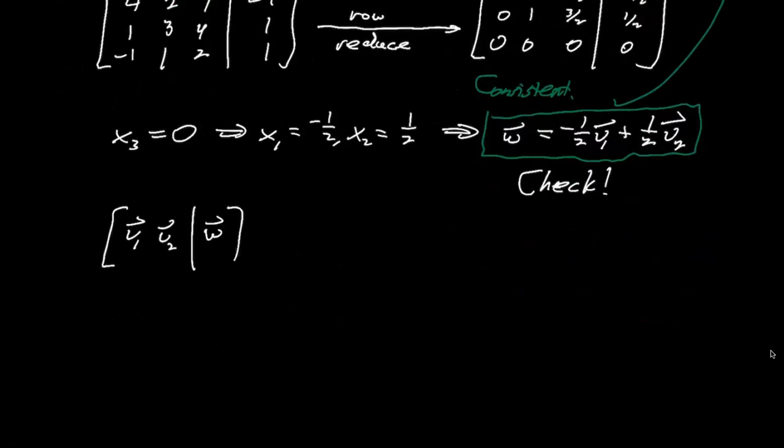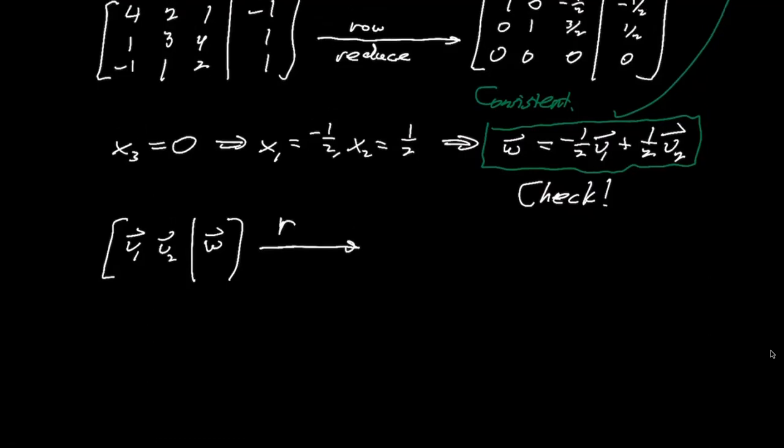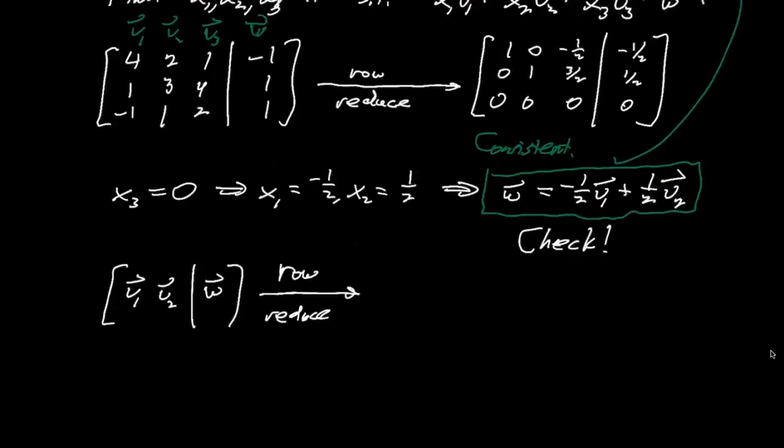You've probably seen this in the book already. Then what the computation above says is that you would actually end up with this: negative 1/2, 3/2, 0.